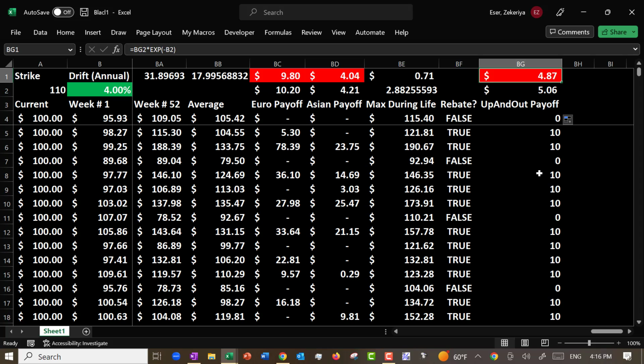These are ways to reduce price of options. I could do similar stuff to Asian payoffs. If the average ever reached 120 during the life, moving average, I'm going to let it finish with a rebate. Or below 95, it ceases to exist.